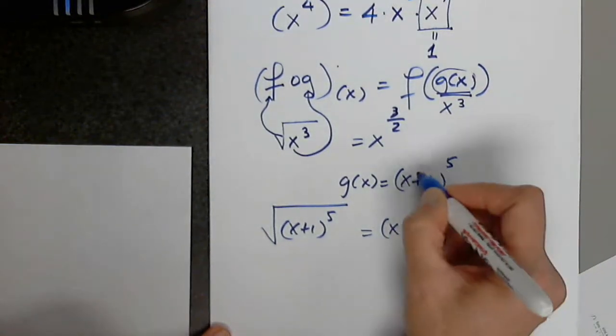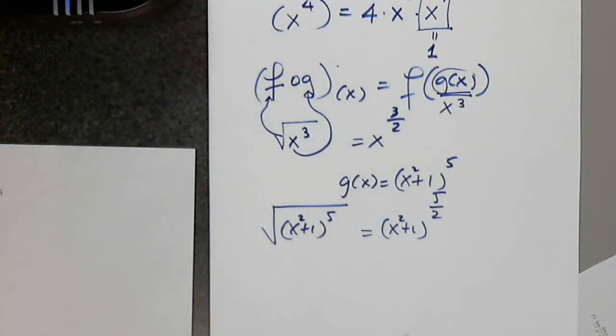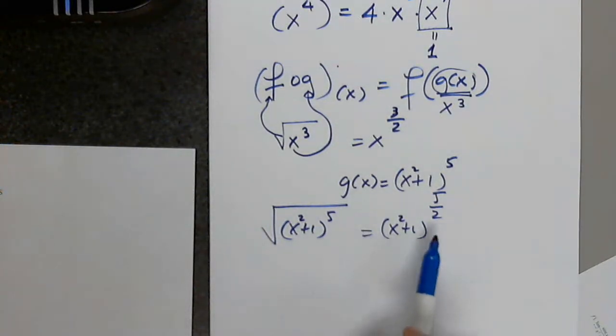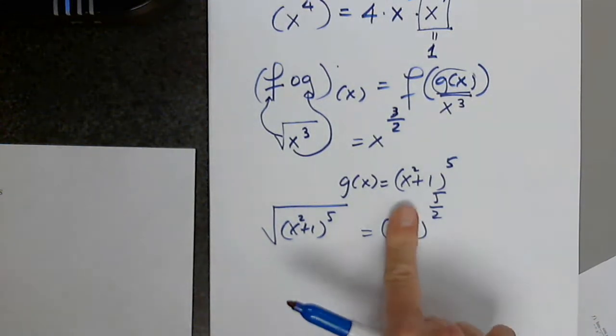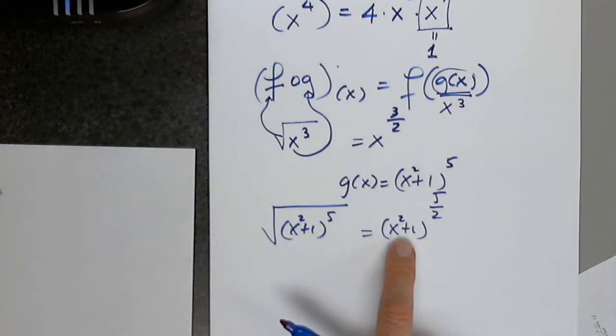And if I make it a little bit more difficult, let's say I have x squared plus 1 to the 5th power, and now I want to take the square root from it. So now this is x squared plus 1 to 5 halves. How do I differentiate this? If this were just x, I would have said 5 halves times x to 5 halves minus 1, and I'm done. But this is not plain x.